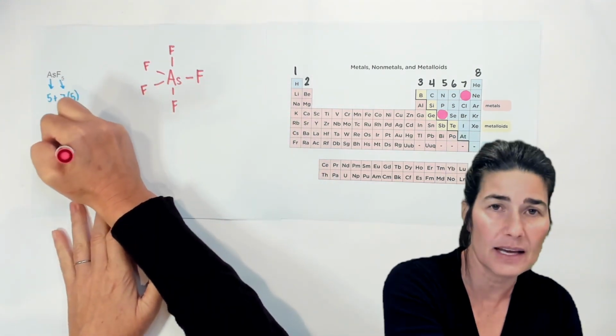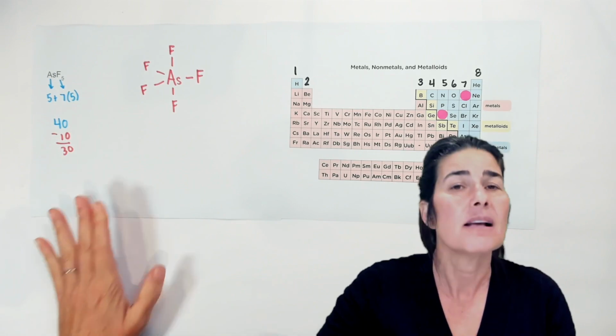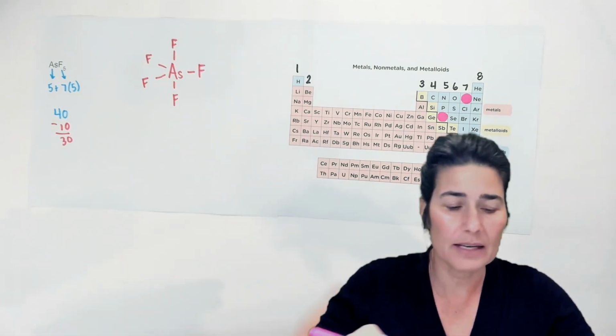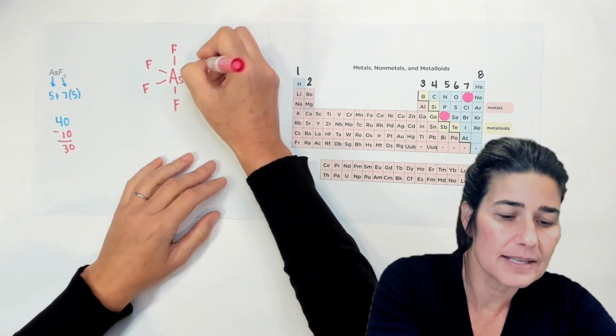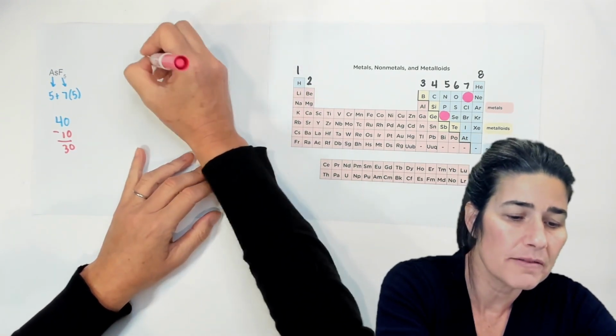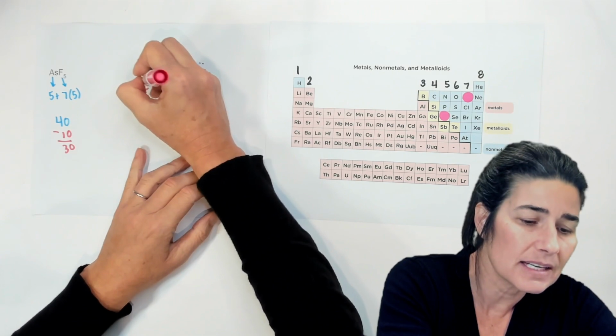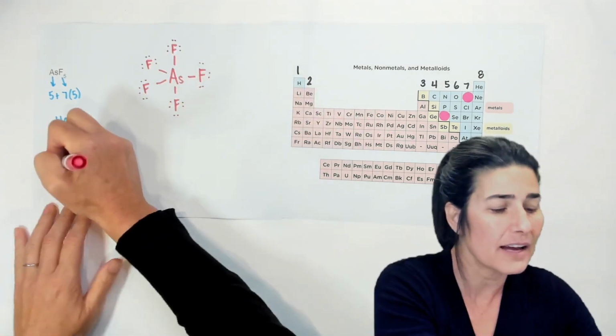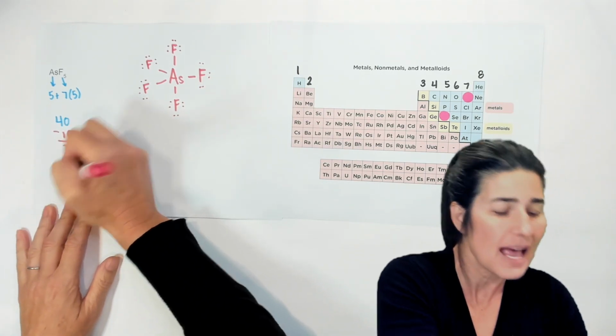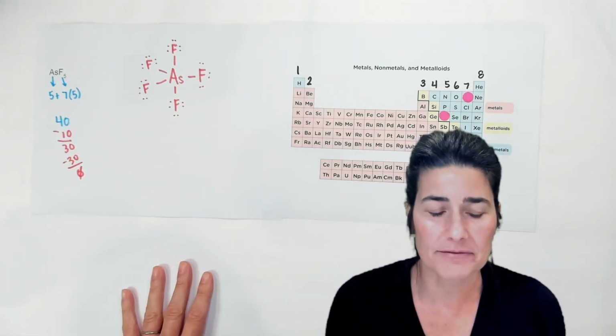I'm going to take away 10. I've got 30 left. Let's put those on the outside. So we say 2, 4, 6, 8, 10, 12, 14, 16, 18, 20, 22, 24, 26, 28, 30. I've run out of electrons. I have no electrons left.